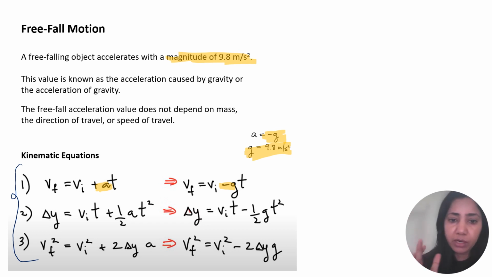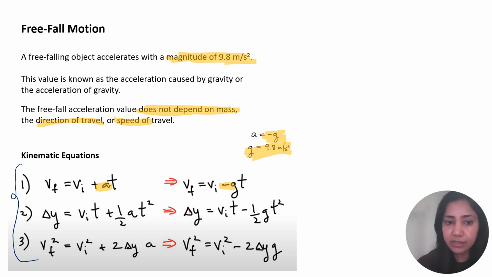Now there is one more very important point we should discuss about free fall motion: it does not depend on the mass, the direction of travel, or the speed of travel.